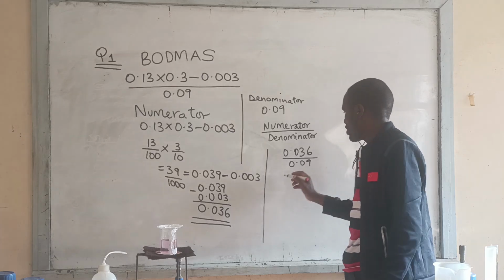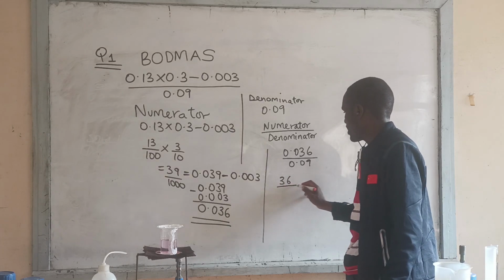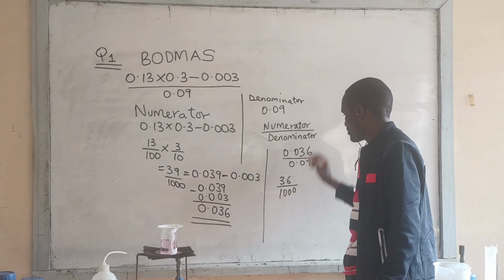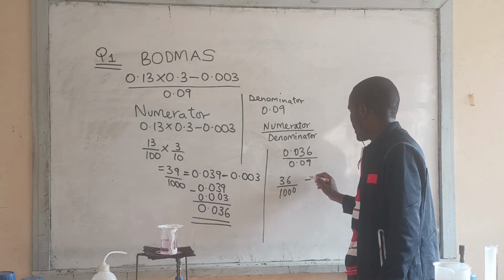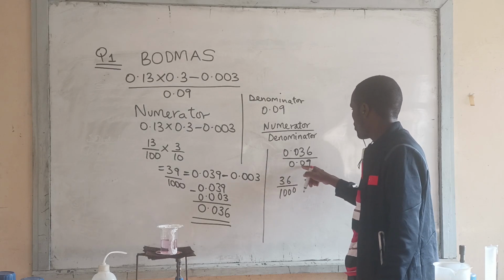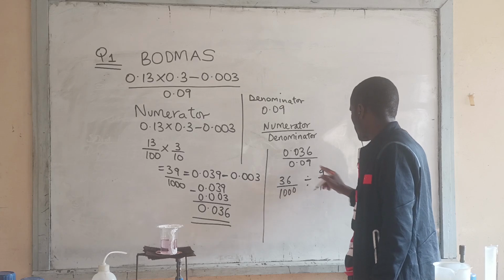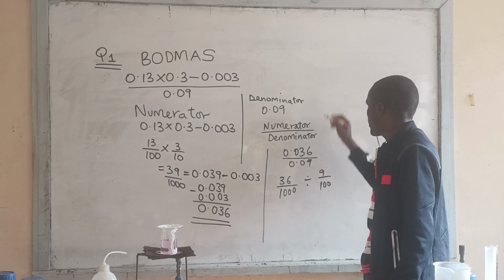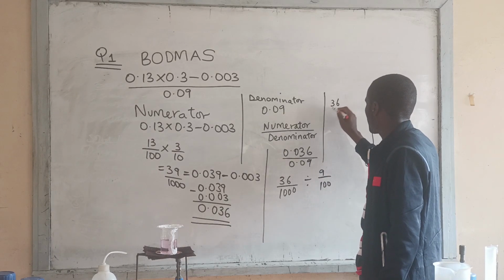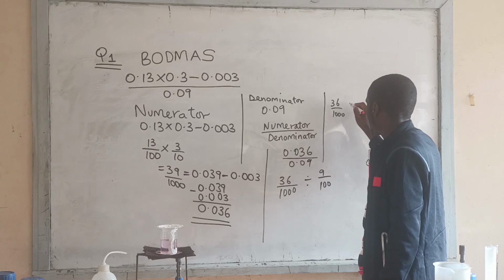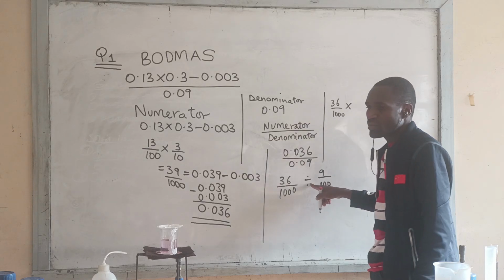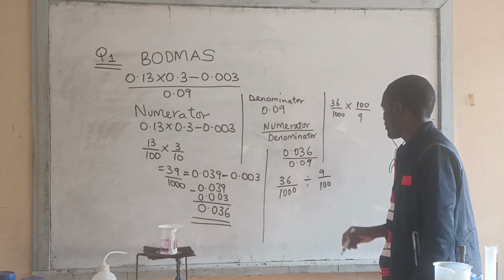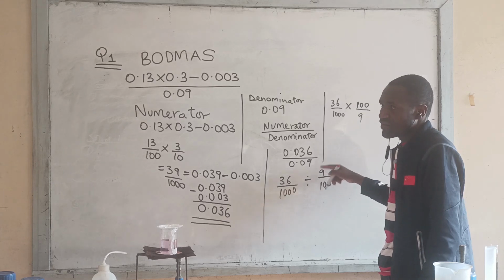So I have 36 over 1,000 divided by 9 over 100. Division changes to multiplication, so we have 36 over 1,000 multiplied by 100 over 9, because we need the reciprocal of the second fraction.